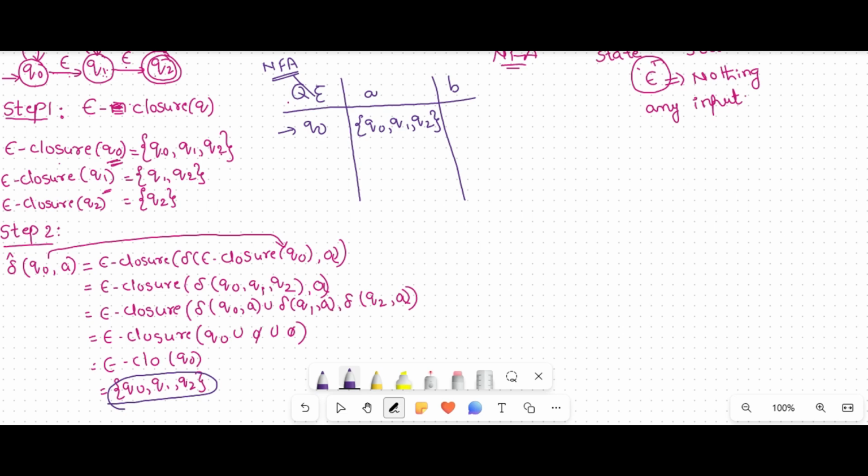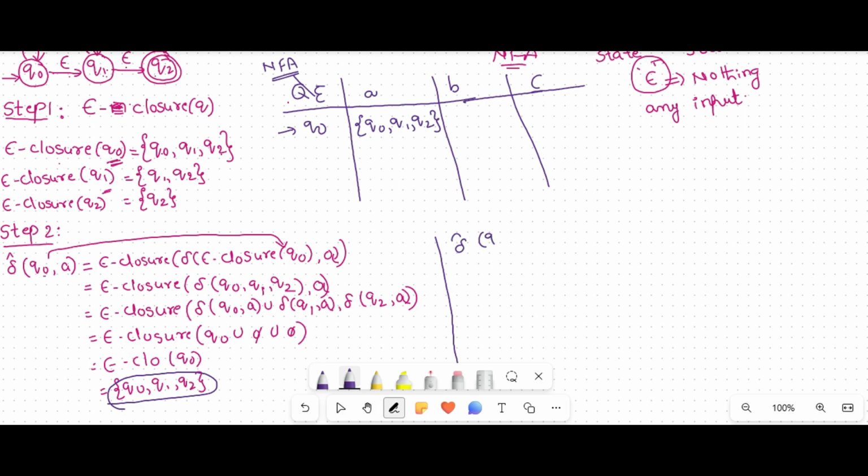Similarly, we have to find out Q naught with B, and Q naught with C. Here itself you can write, otherwise I am writing separately. Suppose you write here, there will be a confusion, no problem, I will solve it.